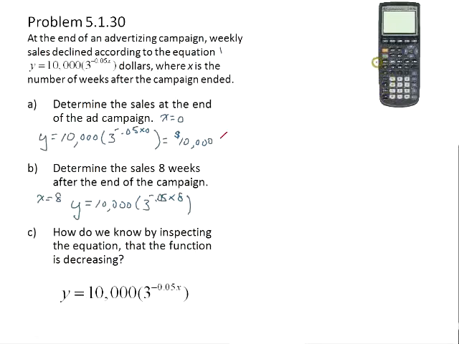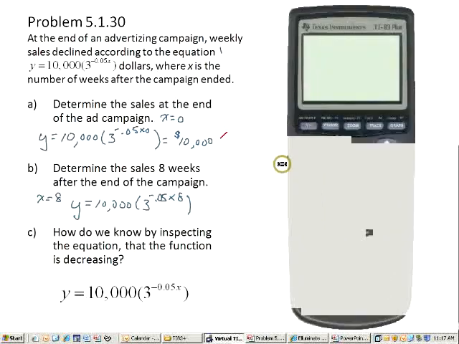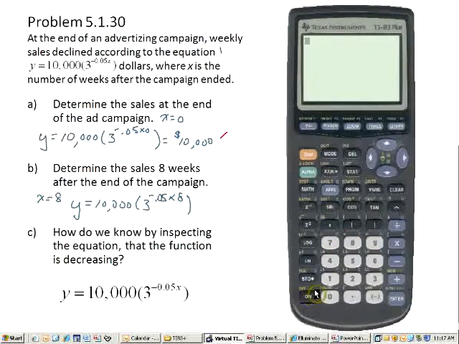Now if I can get my calculator going, I'll make it a bit bigger so we can see what we're doing. I'll turn it on, and putting this into the calculator, we have 10,000 times 3 raised to the, let's put parentheses, negative, don't forget that, 0.05 times 8.